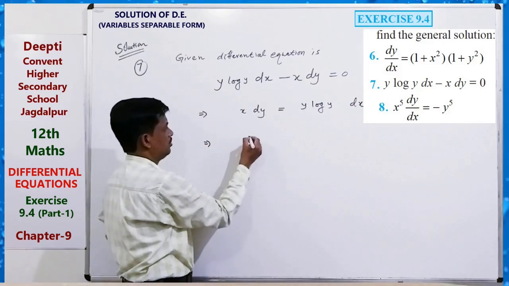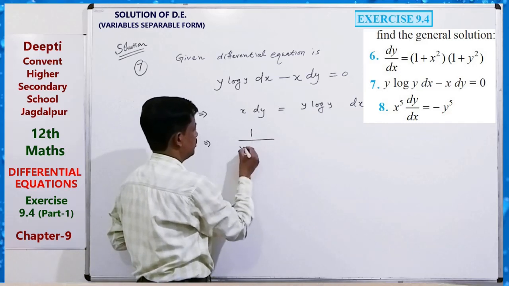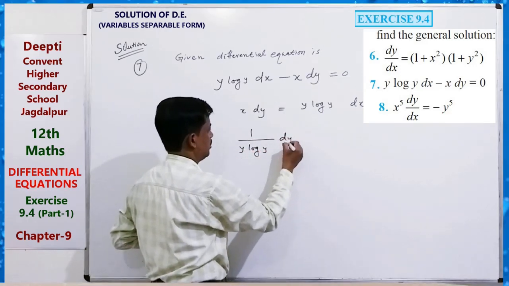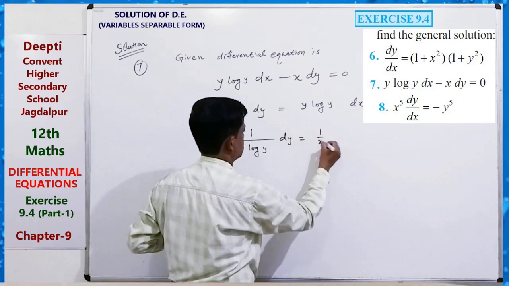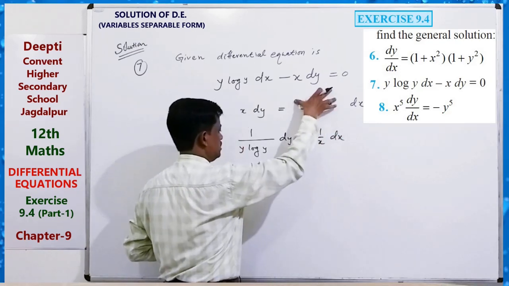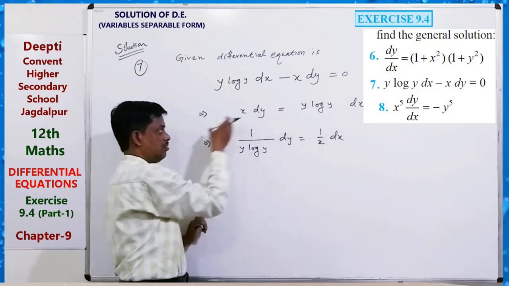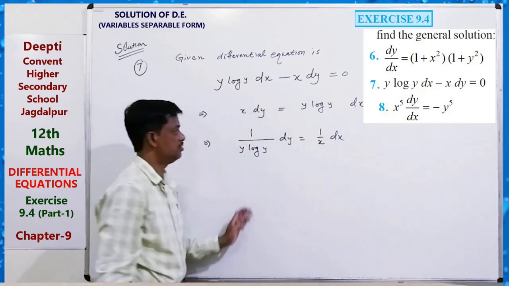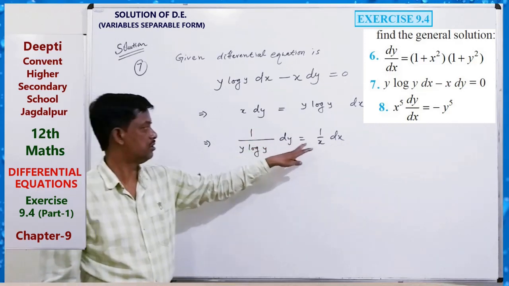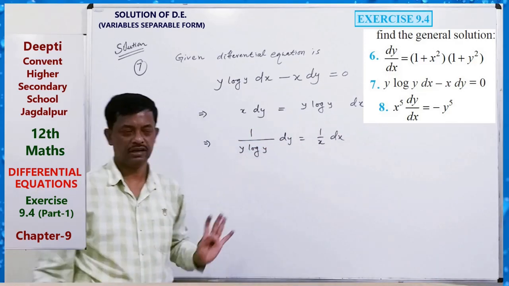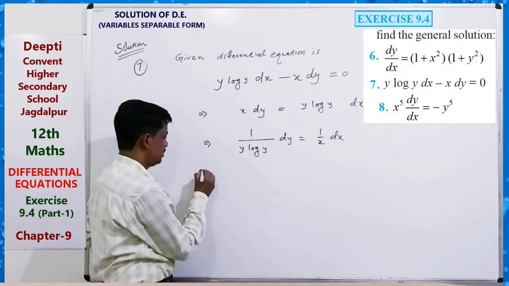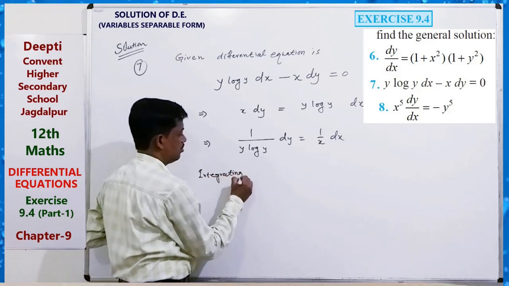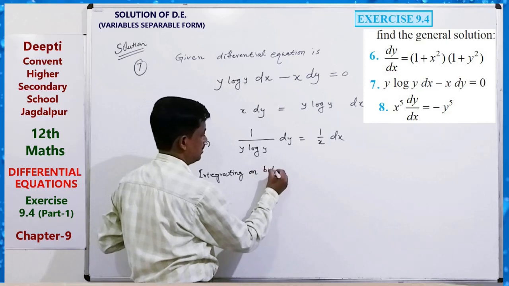Now, dy upon y log y equals 1 by x dx. This is a function of y, so take it on the left hand side, and this on the right hand side: function of y into dy equals function of x into dx. Now integrating on both sides.